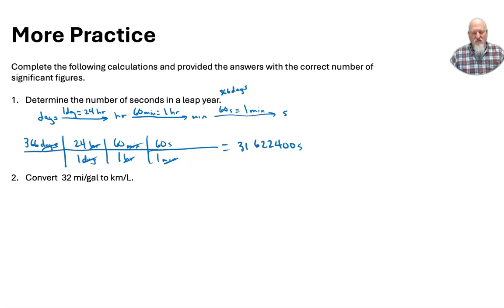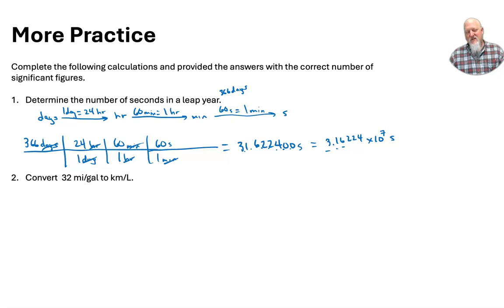Let's put that in scientific notation. So 3.16224. So we had to move the decimal 1, 2, 3, 4, 5, 6, 7. So 3.16224 times 10 to the 7th seconds. So theoretically, I started with 3 significant figures. 1, 2, 3.